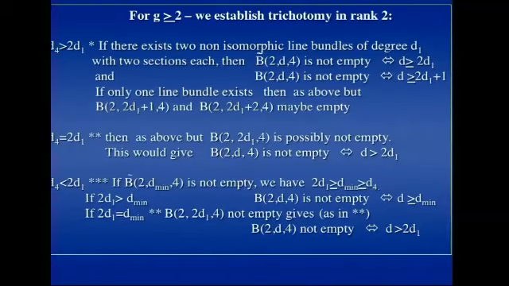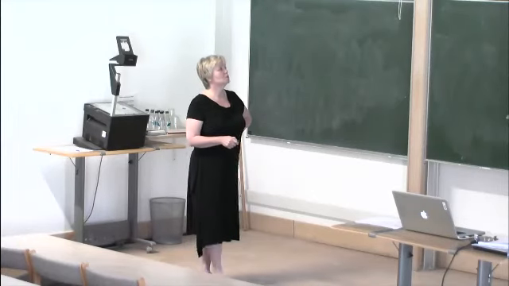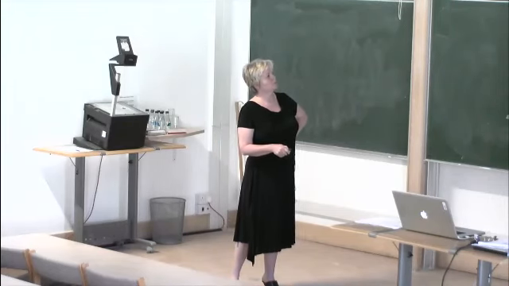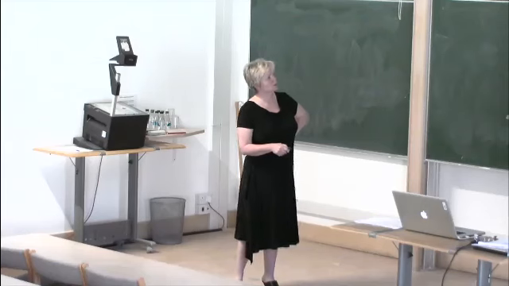And then in the case that your D4 is smaller than 2D1, we look at the minimum possible degree that gives you a stable bundle. If a bundle like this exists, it has to be, first of all, between D4 and 2D1.